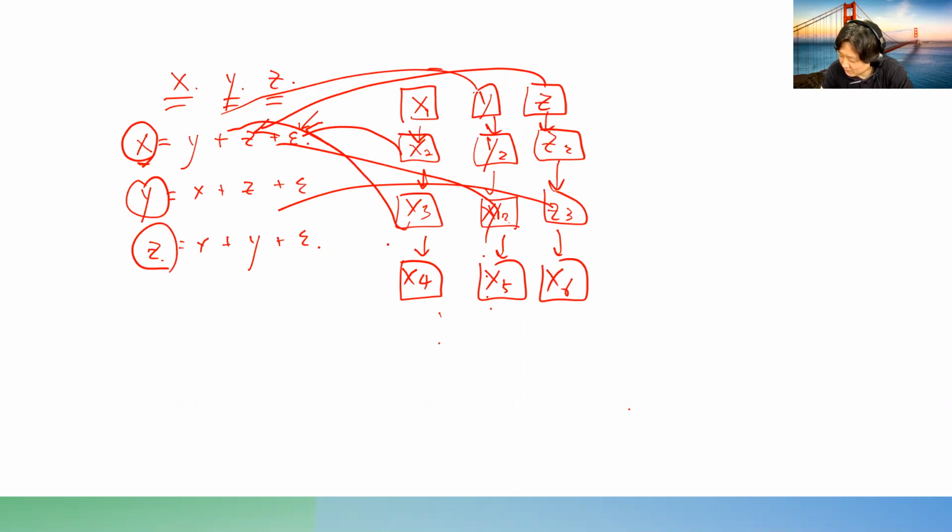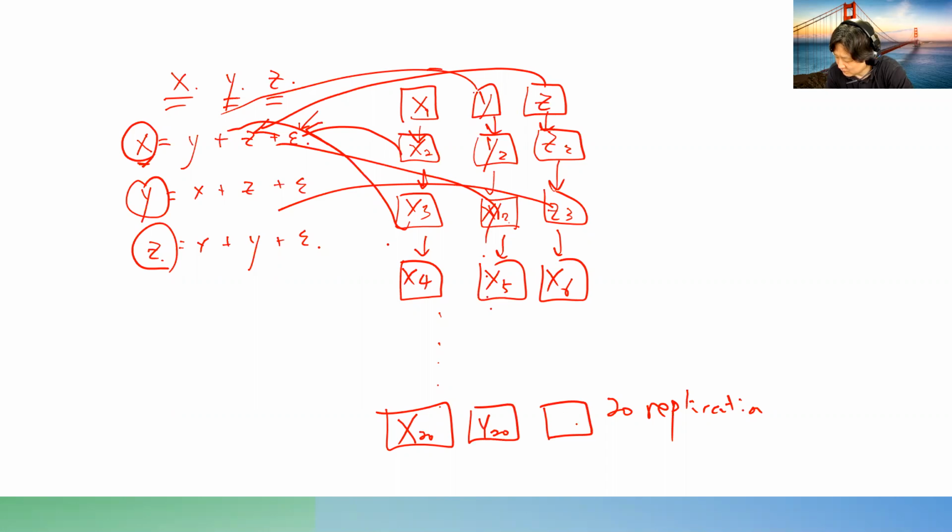If we do 20 iterations, we have X20, Y20, Z20. This last set of data is the first complete data set.